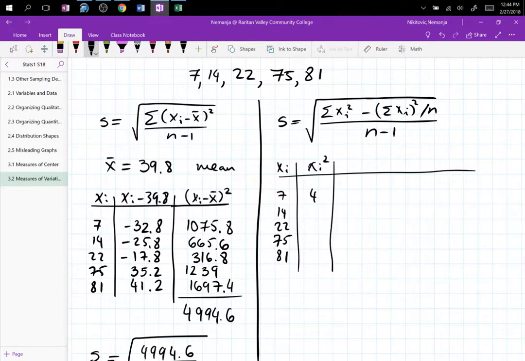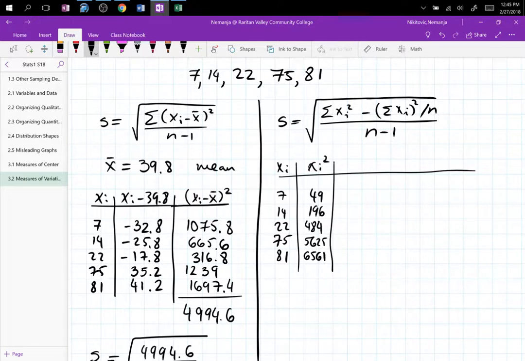Well, I need to square each one of these numbers, right? So we have 49, 196, 484, 75 squared is 5,625, and 81 squared is 6,561.